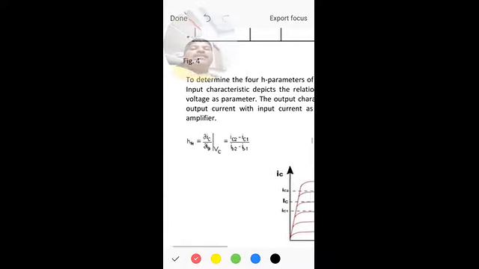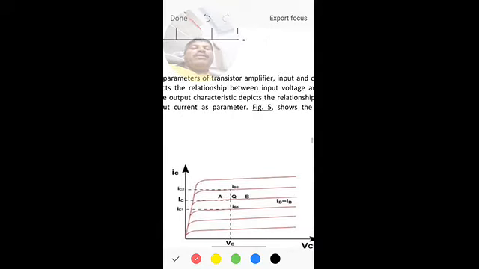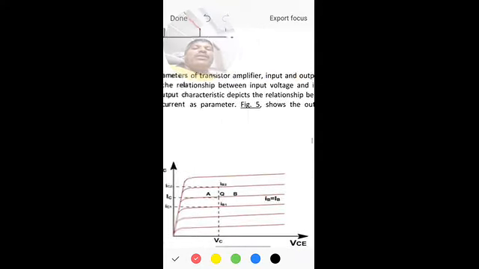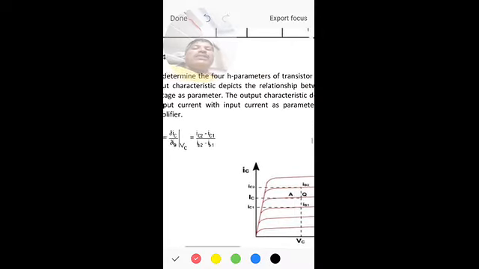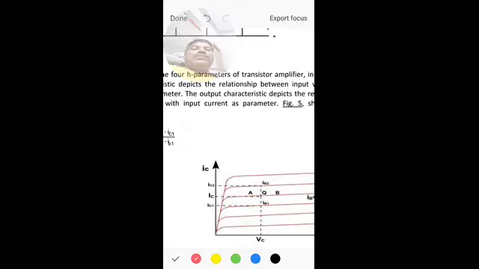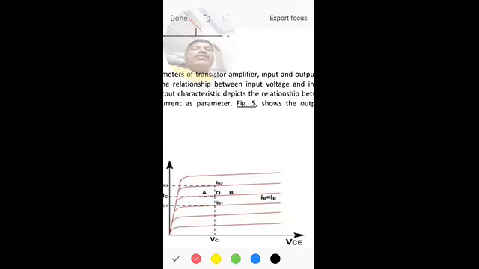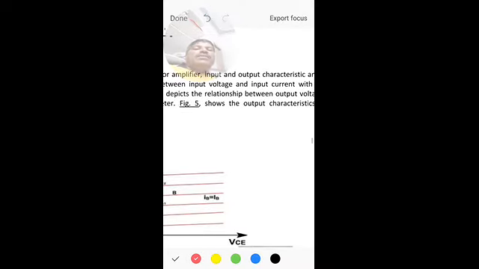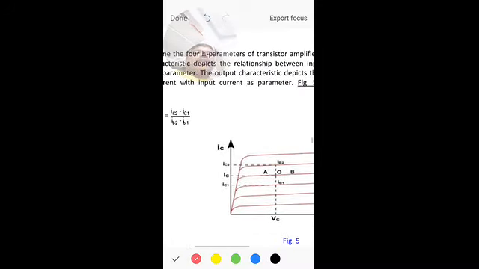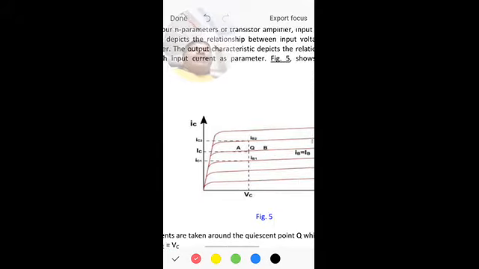Input characteristics depict the relationship between the input voltage and the input current, keeping the output voltage constant, with output voltage as a parameter. The output characteristics are the relationship between the output voltage and output current, keeping input current as a constant parameter.